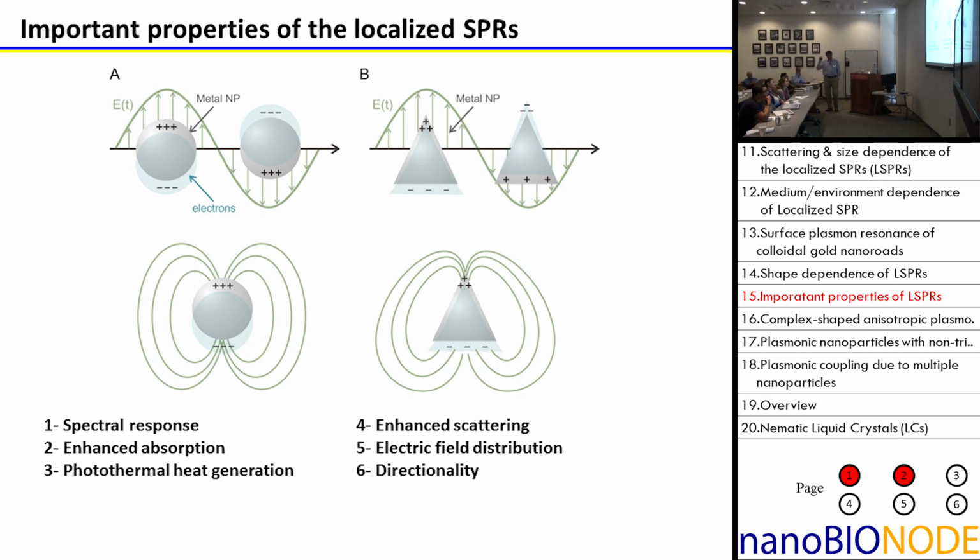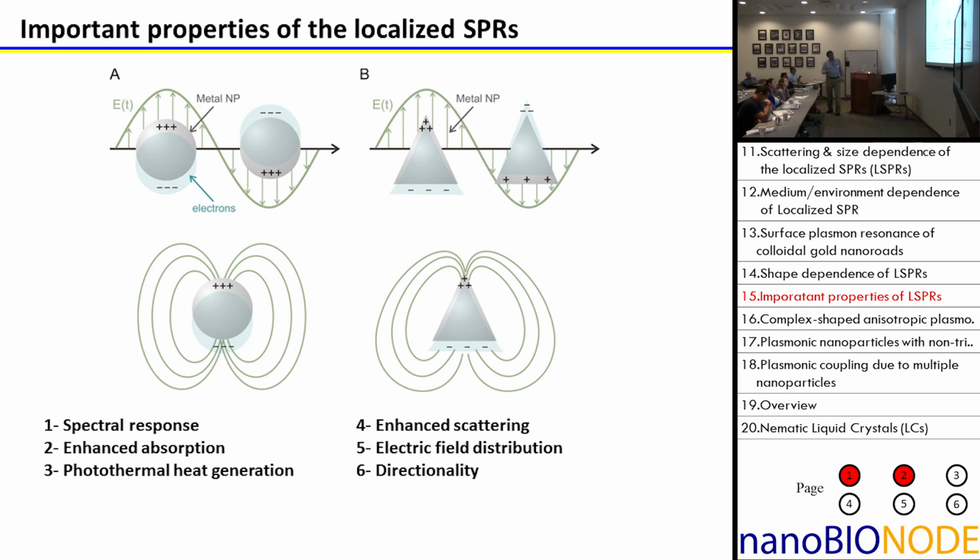We have seen strong enhanced absorption due to those particles. We will discuss a little bit later the photothermal heat generation using plasmonic nanoparticles, and you will see how we can very efficiently convert light into heat, provided that this is what we need, right? Also, scattering is highly enhanced, and the electric field distribution around those particles is also well defined, right?